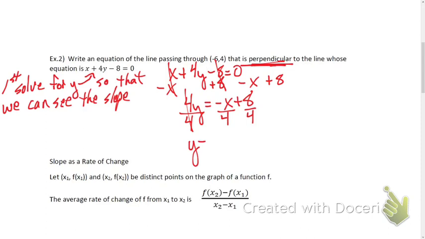And we have, I would rewrite that fraction in the middle as negative 1/4 x, and then plus 2. So I see a slope of negative 1/4. It's perpendicular, so we need to flip it and flip the sign. There is our new slope.